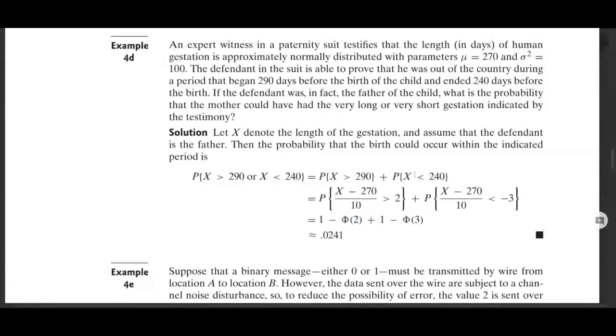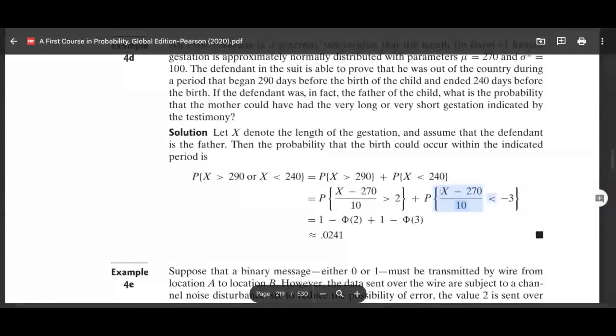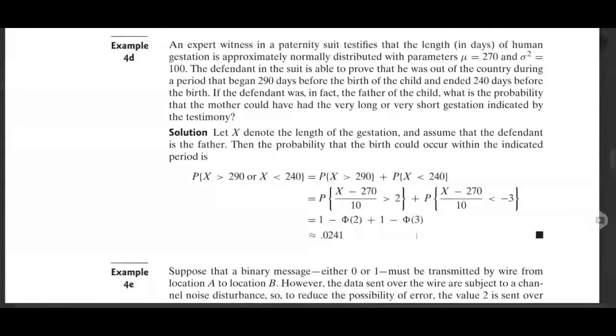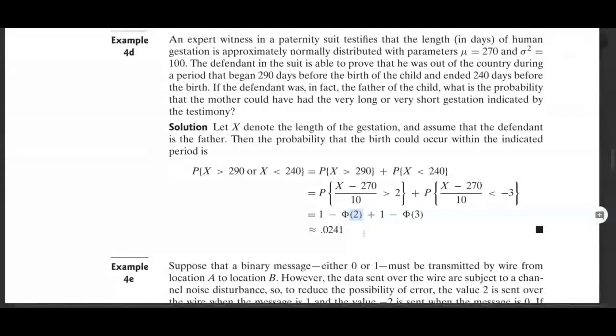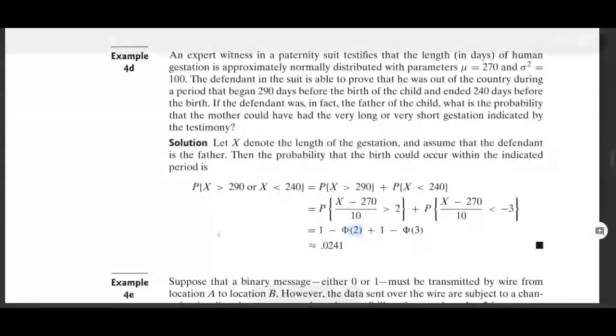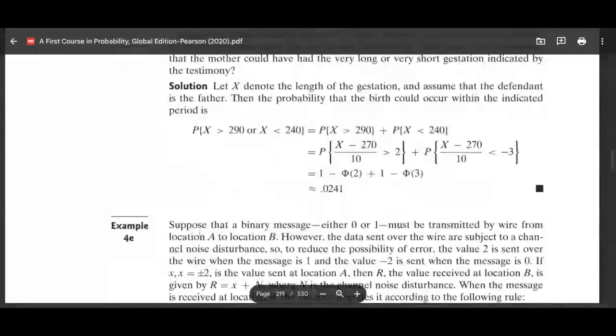For less than, we just do this. Because this is less than negative, that's 1 minus this. So about this. This means check the value in the table.